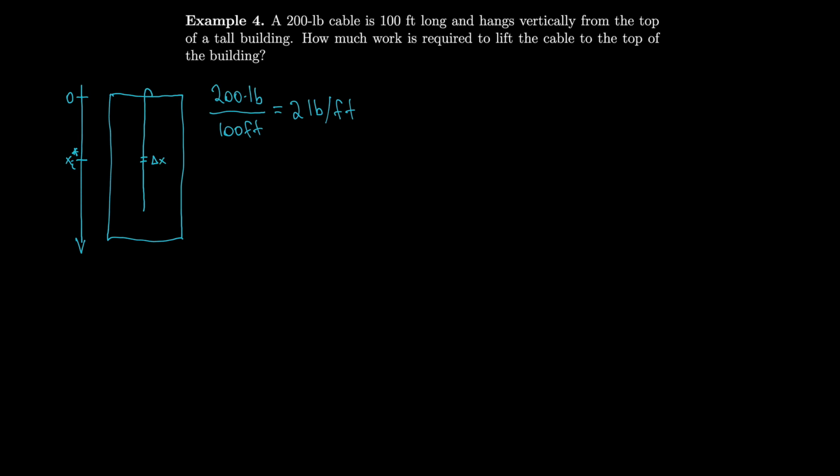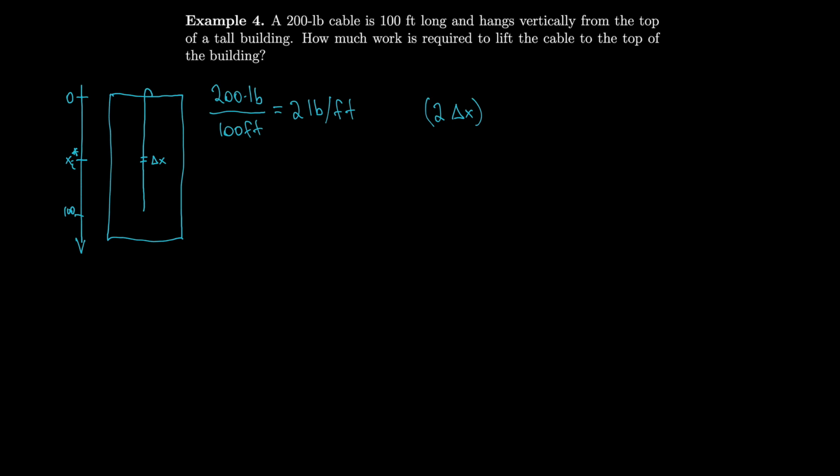So when I multiply that together, I'll just have the force. By the way, the end of this is at 100. So let's take 2 pounds per foot and multiply that by delta x, and that'll be our force.